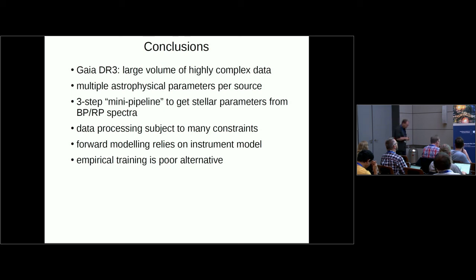Finally, I tried to emphasize that all we are doing relies heavily on forward modeling, and we may not be able to pull this off given the instrument model situation that we currently have. It may get better. If it doesn't, we have to resort to empirical training, but I also hope that I convinced you that empirical training, at least in this Gaia context, is a very poor alternative. Okay, thank you.